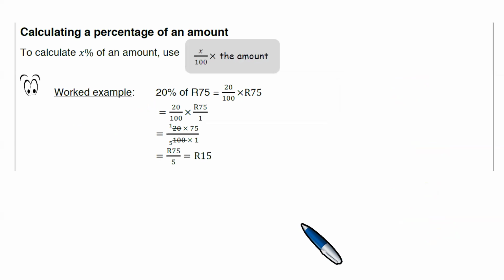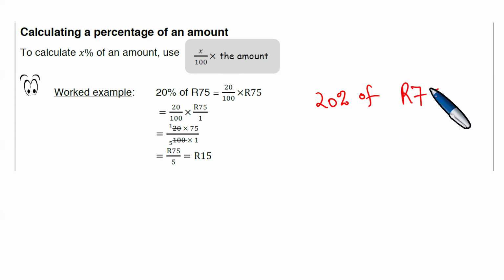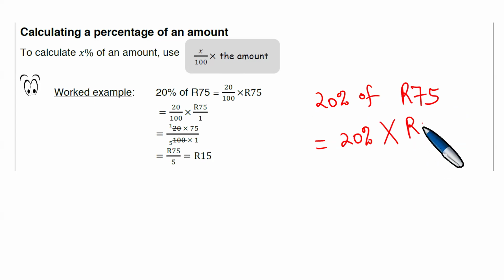Calculating a percentage of an amount. To calculate X% of an amount, use X% times the amount. So 20% of 75 is like 20% times 75 Rand.